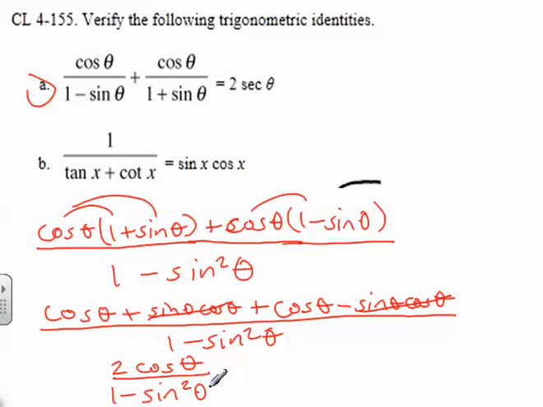Now I'd like to get all of this in terms of one thing. 1 minus sine squared is the same as cosine squared. So I've got 2 cosine theta over cosine squared theta.